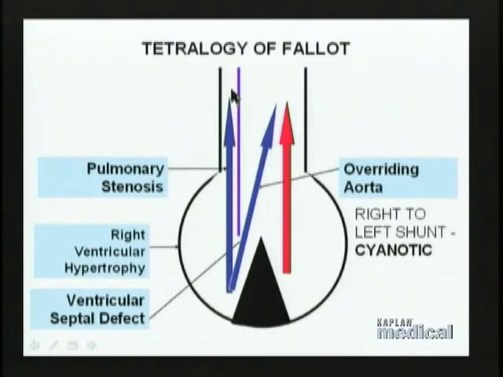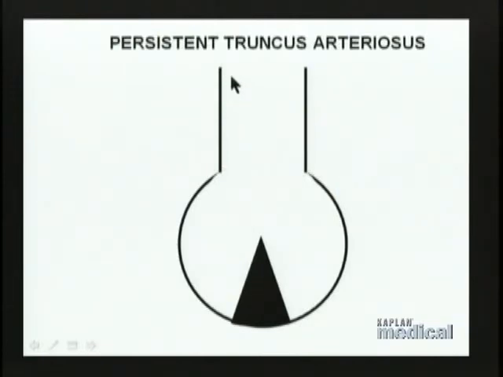Another cyanotic defect that's also related to the aorticopulmonary septum is called persistent truncus arteriosus. And in persistent truncus arteriosus, what happens is that the aorticopulmonary septum doesn't form at all. And if you don't form an aorticopulmonary septum, that means that the truncus arteriosus doesn't get converted into an ascending aorta and a pulmonary trunk, but rather remains as a truncus arteriosus.